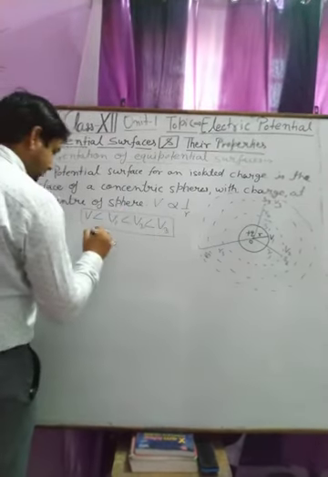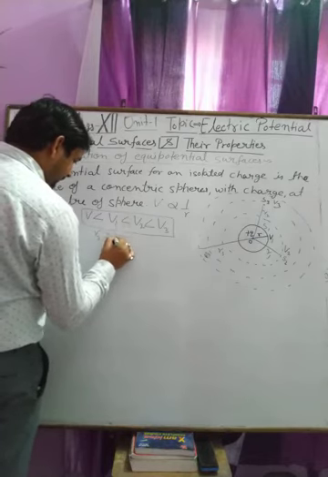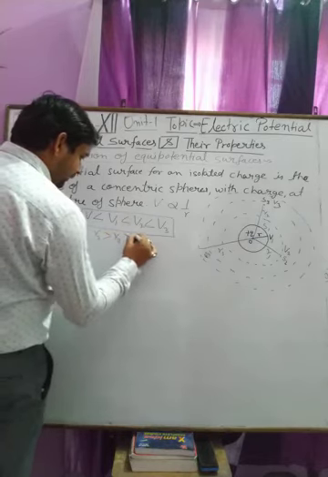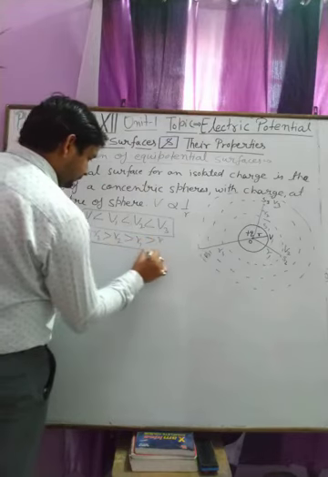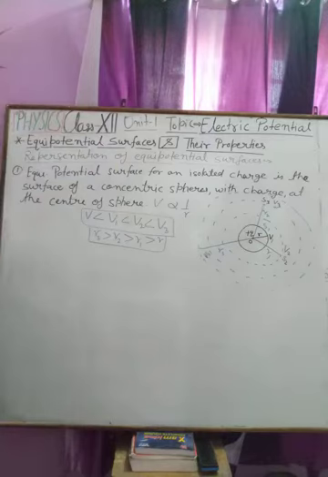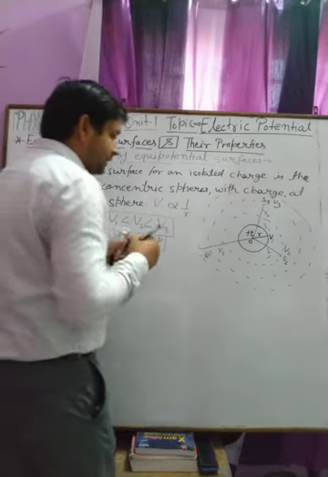This is because R3 is greater than R2, then R1, then R. So the smaller the distance, the greater the potential. These are the equipotential surfaces.